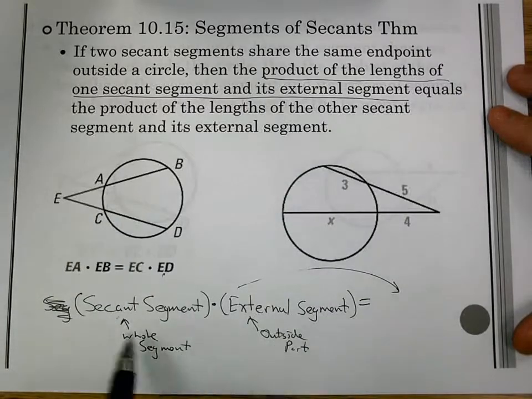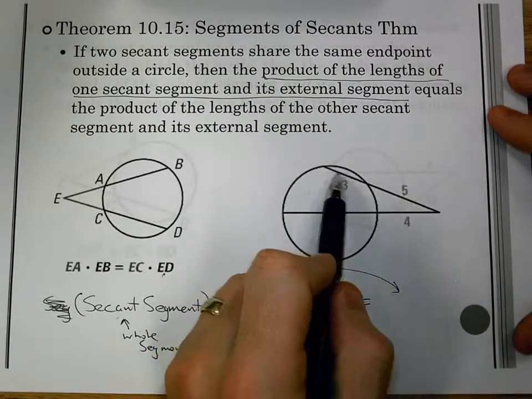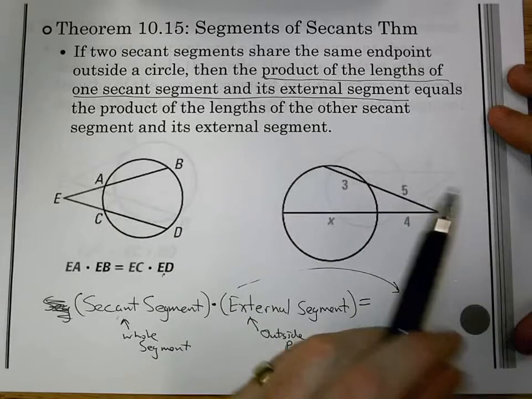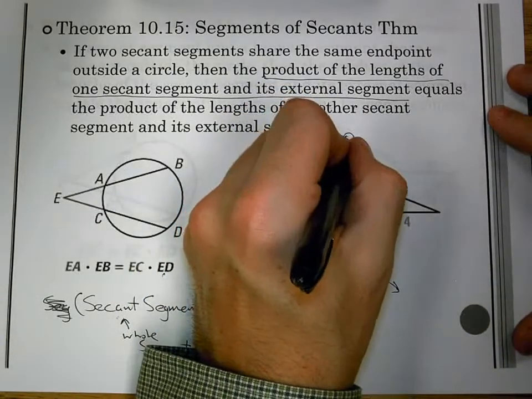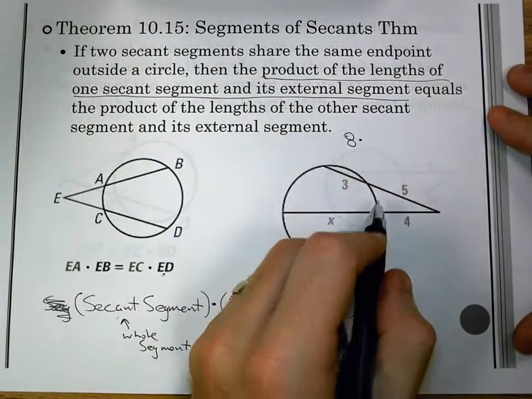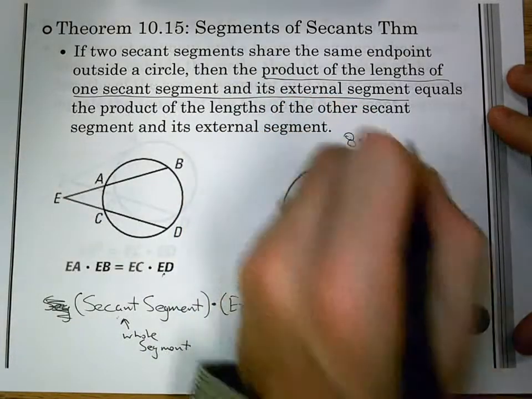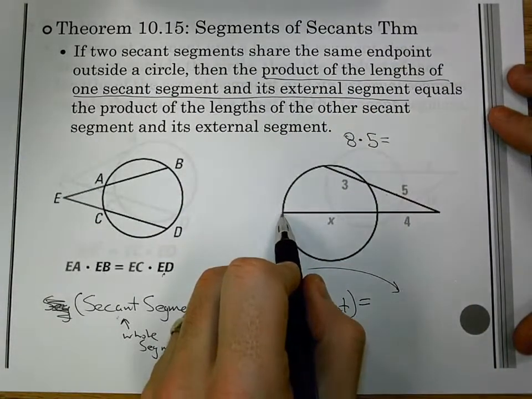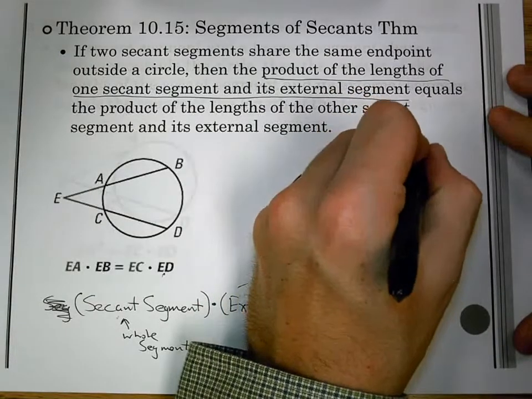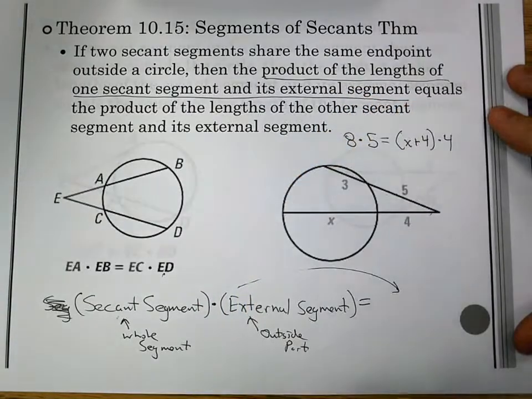But that's the product we need to be looking for, and it's going to be on both sides, and we're going to have it in problems where we have two secant segments, like the example we have on the right. So, if I look at the top line, the top secant, here I have the entire length, the total secant is 8, because it's 5 plus 3, times the outside, which is 5, is equal to the entire length here is x plus 4, because I add the two together, times the outside, which is 4.